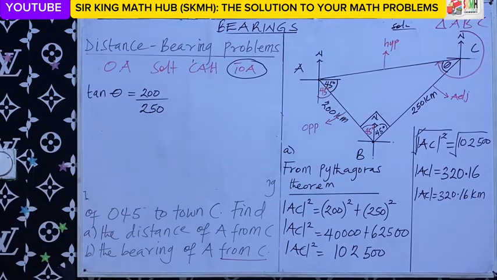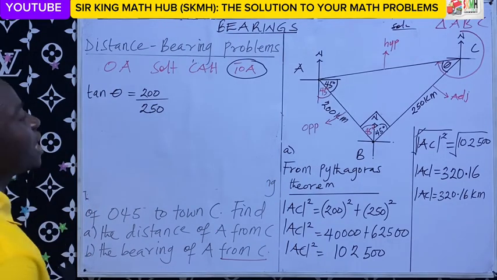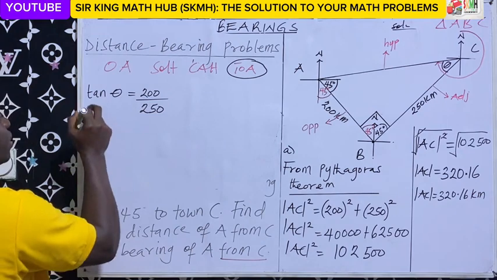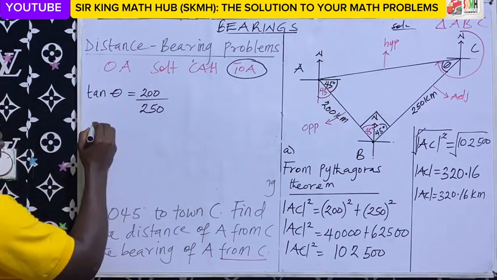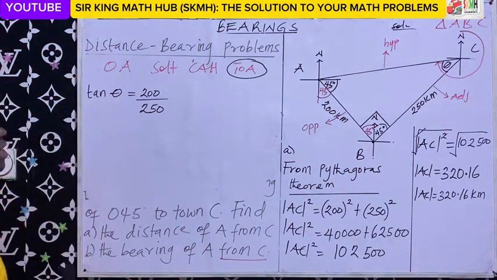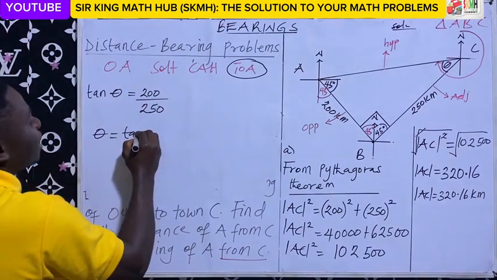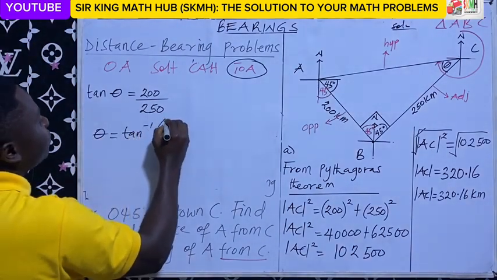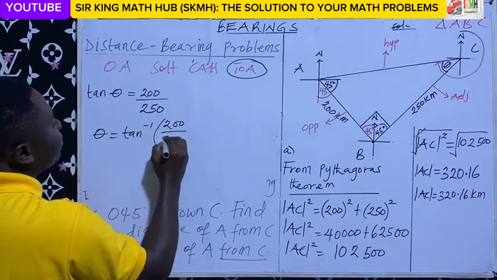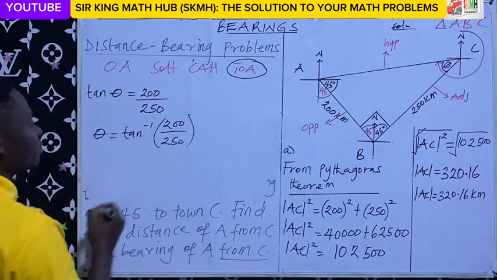So we take the tan inverse on both sides. When you take the tan inverse of tan theta, the tan and its inverse cancel out, leaving theta on the left. Then we have tan inverse of 200 divided by 250.